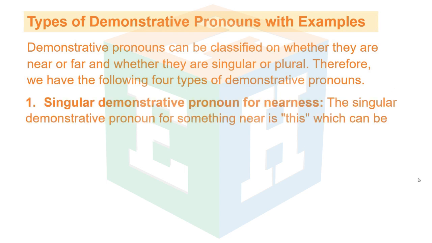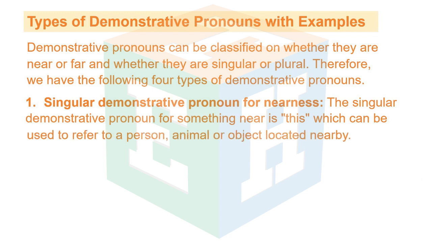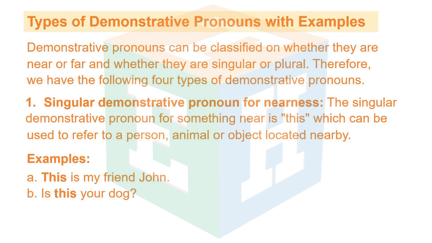The singular demonstrative pronoun for something near is this, which can be used to refer to a person, animal, or object located nearby. Examples: A. This is my friend John. B. Is this your dog? C. This is my laptop.